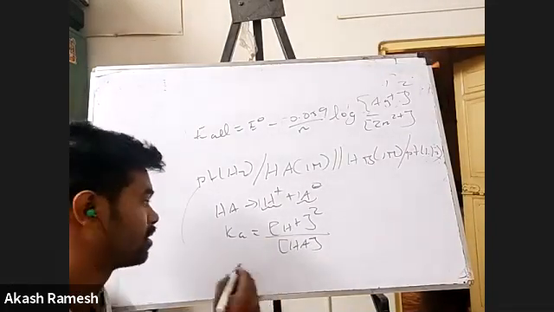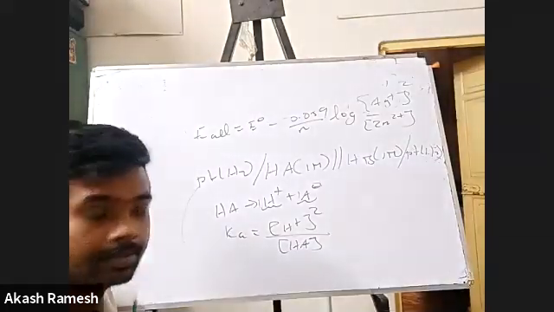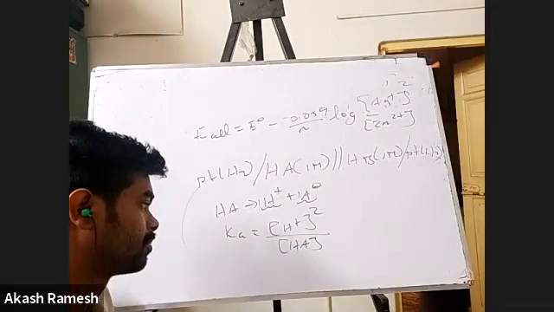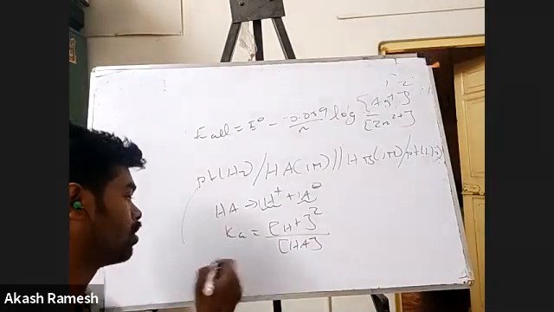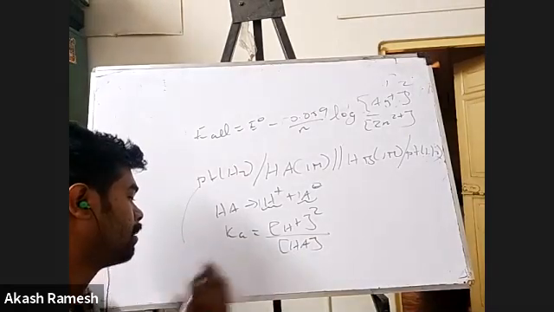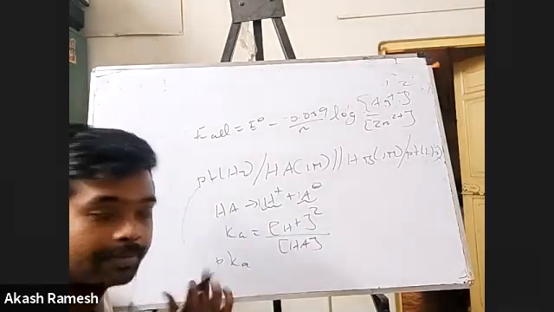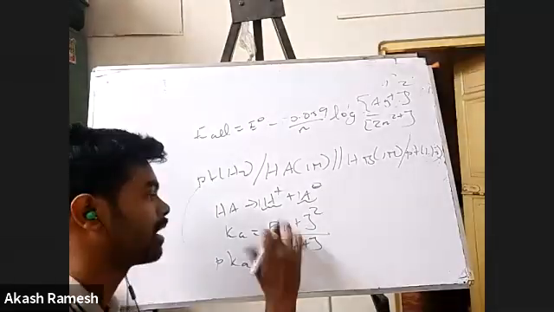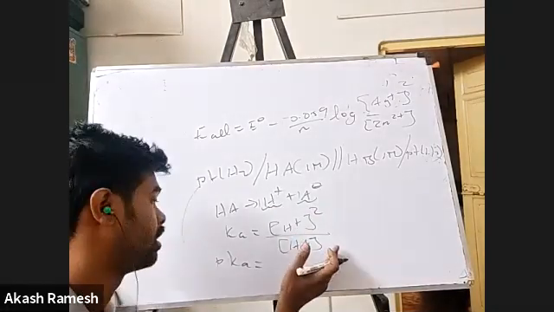Okay, let me do it like this. So if I take negative log on both sides, this will become pKa, right? Negative log of Ka will become pKa, is equal to, if I take log of this, log A minus log B, because there is a division part.